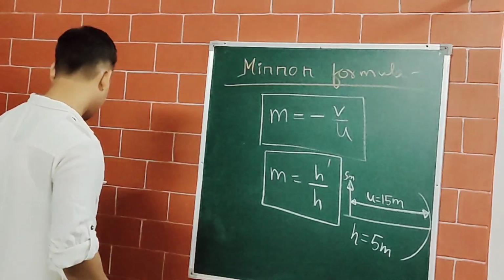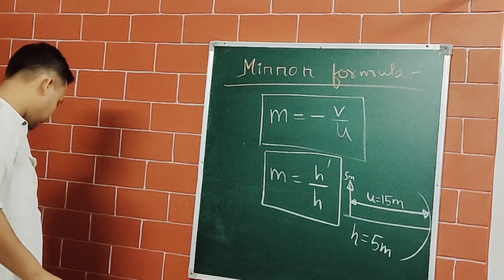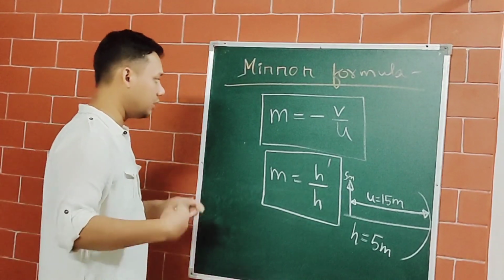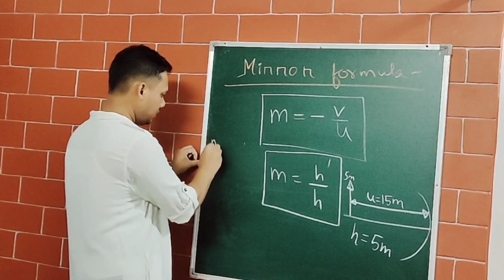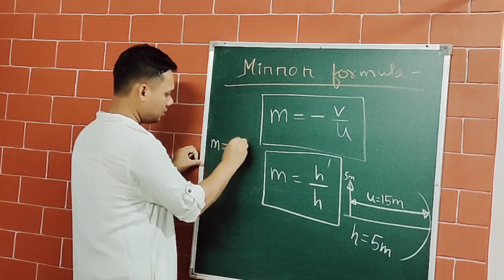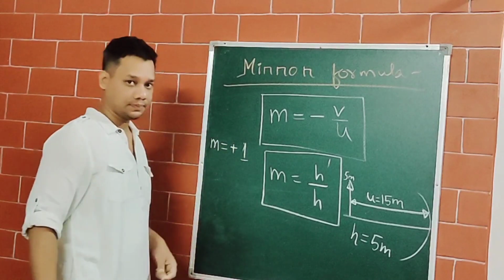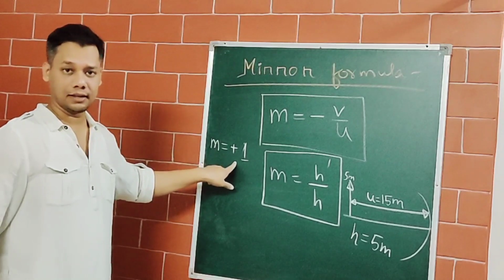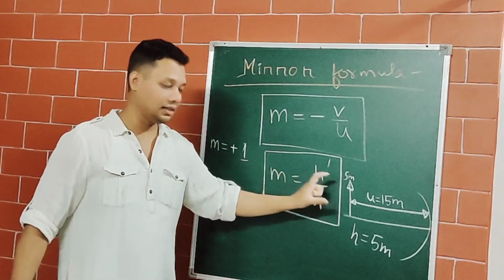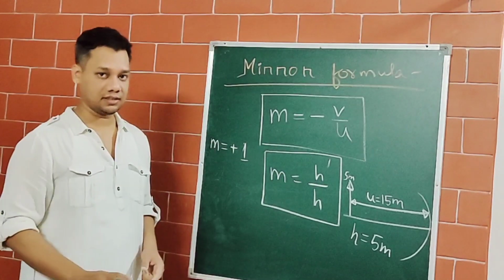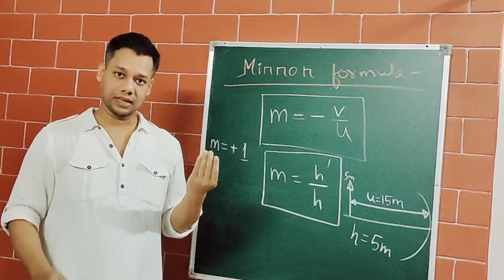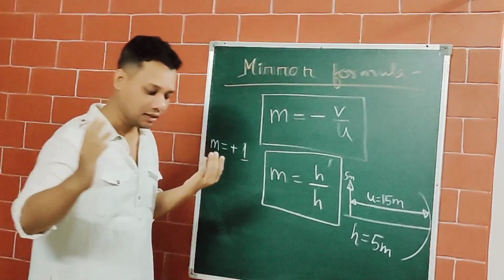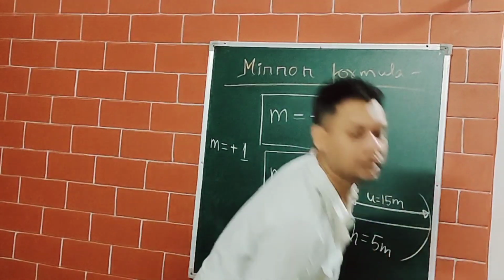One more important thing to note here is the value of m. If m is equal to plus 1, this means that the size of the object is equal to size of the image, or the distance of the object is equal to the distance of the image formed.